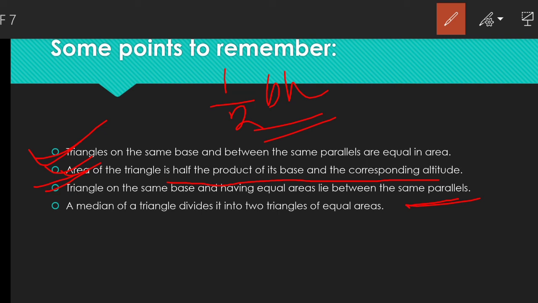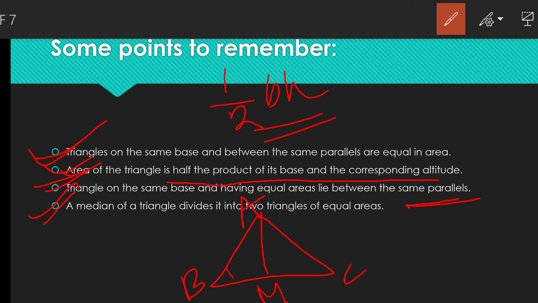And the last and important point to remember that we will use in this chapter quite often is: the median of a triangle divides it into two triangles of equal area. Suppose we have a triangle ABC, and AM is the median.